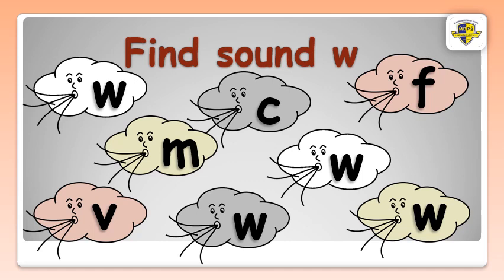W, w, w. Can you see them? How many sounds were there? 1, 2, 3. W, w. 1, 2, 3, 4. I can see 4 sounds of w. 1, 2, 3, 4. Very good.